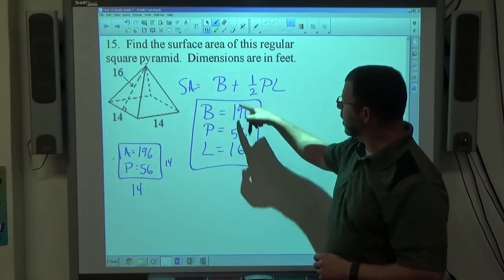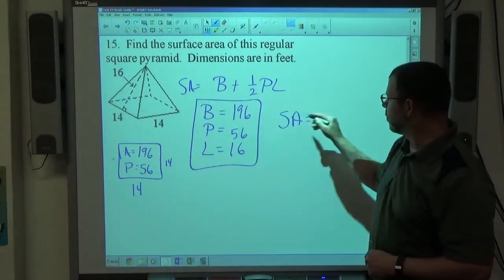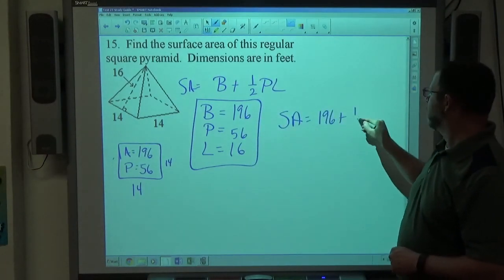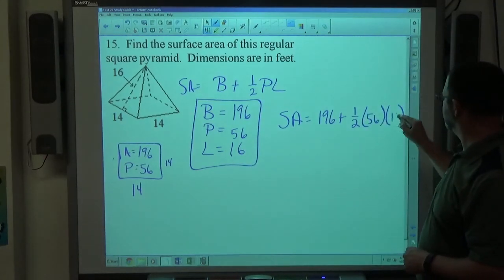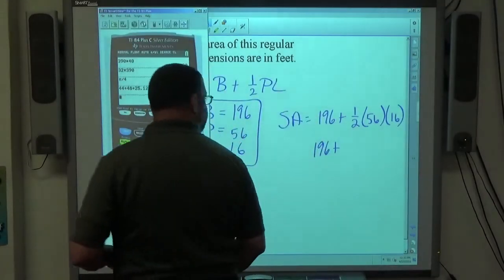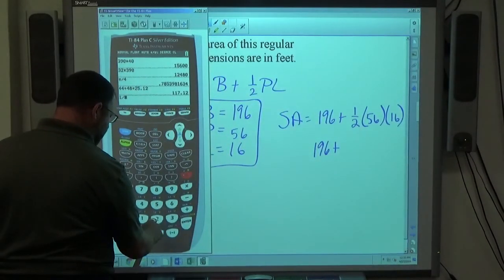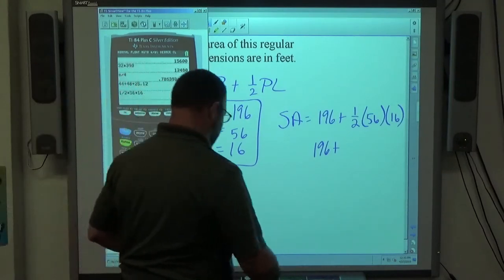Once you know those three things, the formula very simply states SA is equal to whatever this is, 196, plus 1/2 times the product of these two other things, 56 times 16. That's 196 plus 1/2 times 56 times 16 comes out to 448.